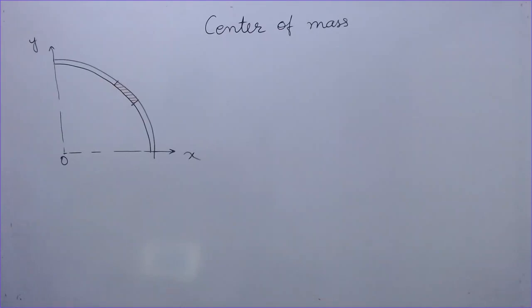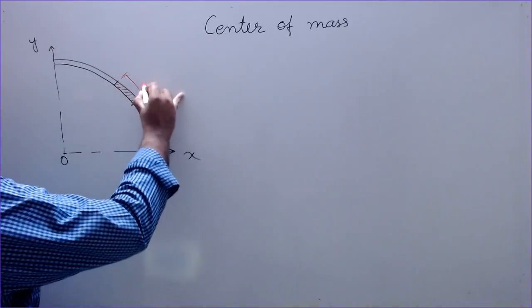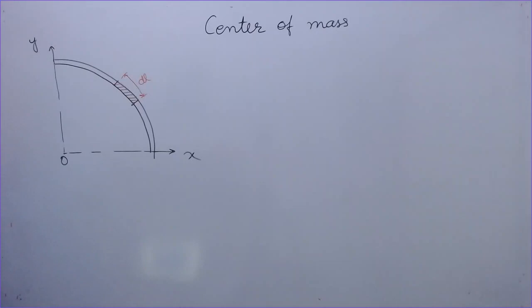And the length of this, suppose this is dl. dl is the length of this small element and the wire which has been bent in the form of one quadrant of a circle. The mass density is assumed to be uniform.